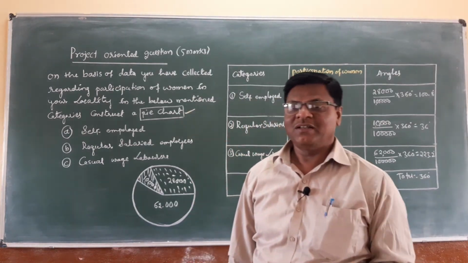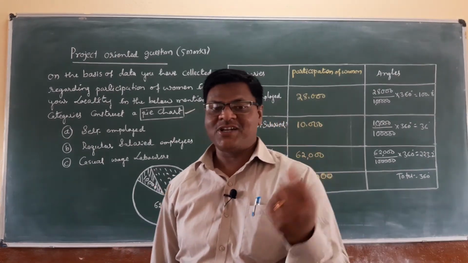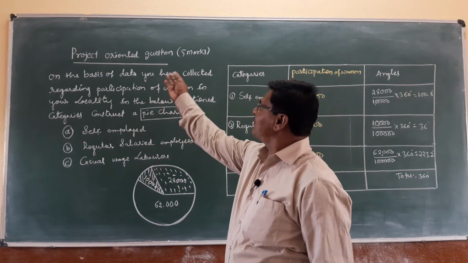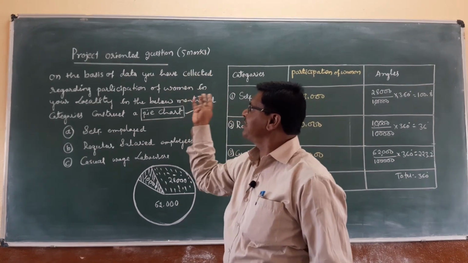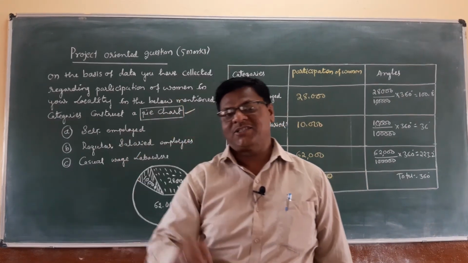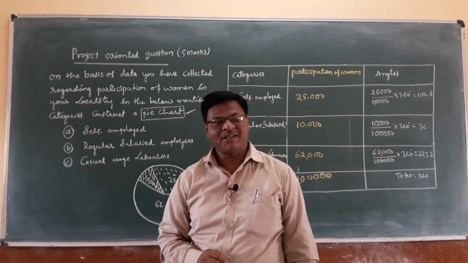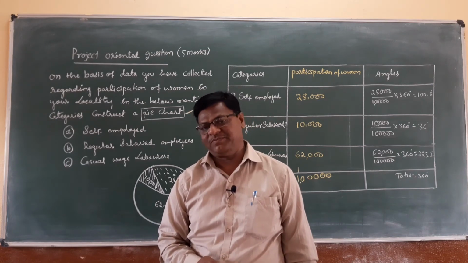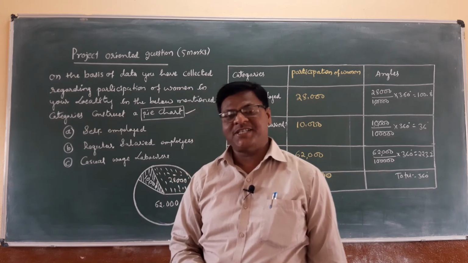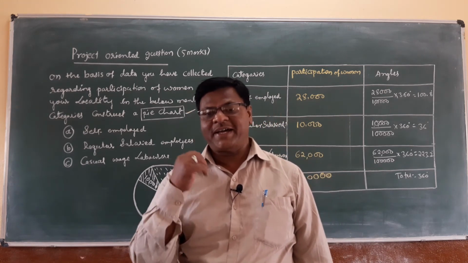You have to learn how to draw a pie chart or pie diagram. Students, it is for a 5 mark question, a project oriented question. You have to remember how to draw a pie diagram. The pie diagram is based on your own collected source.